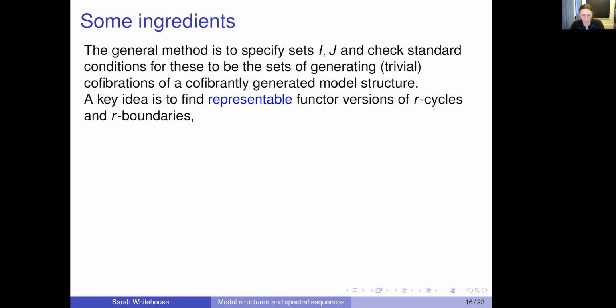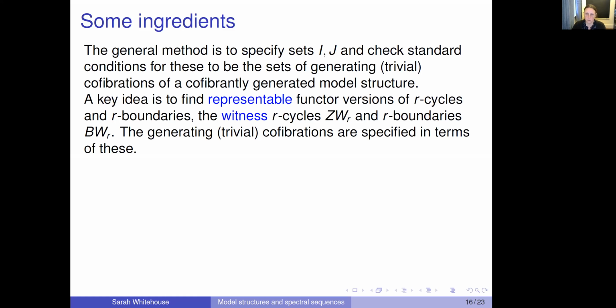And then the other thing, the key idea that comes into this picture, which was already the case in the bicomplex version, and it happens again here, is that in order to specify those sets I and J, you need representable functors, versions of r-cycles and r-boundaries.